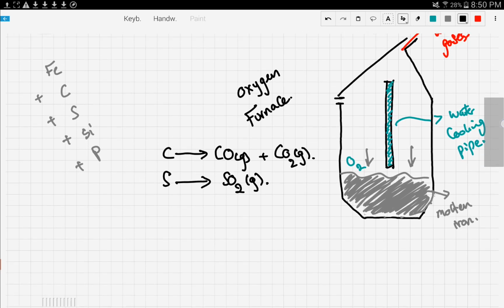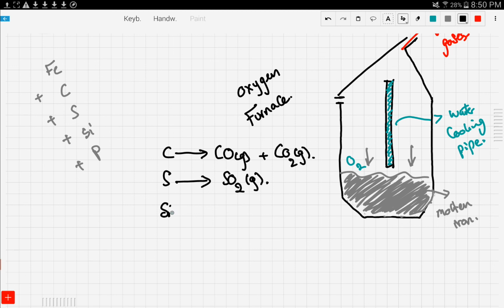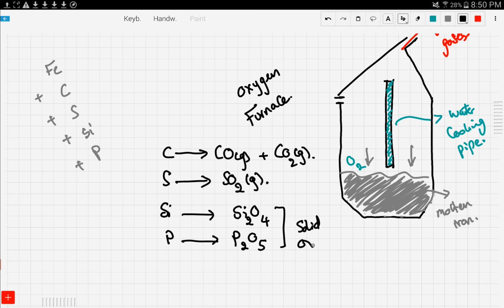Now what about the silicon and the phosphorus? Well, the silicon forms an oxide, silicon oxide, and phosphorus also forms an oxide. Well, these are both solid oxides. We want to get rid of them. What do we do?